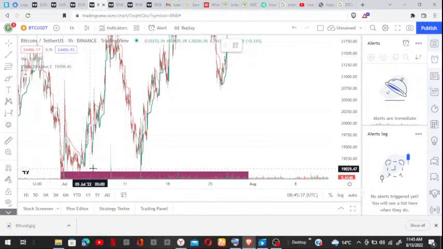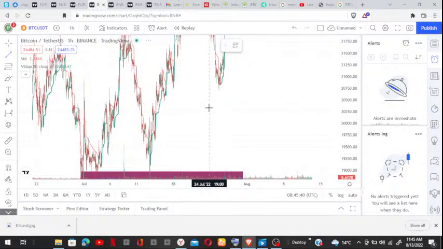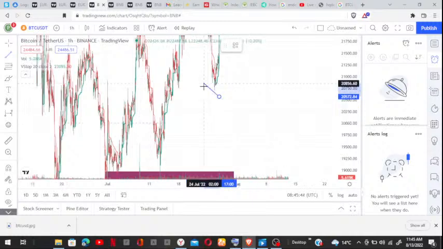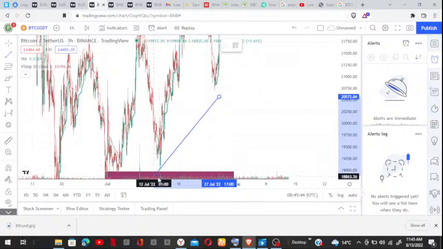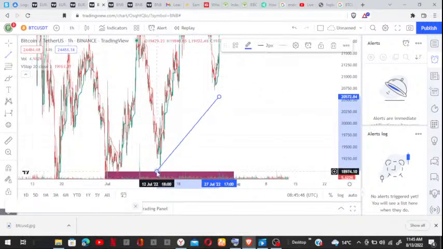This was the point where there was a consolidation. Let's just start with the basics. This was the point where it started rising.